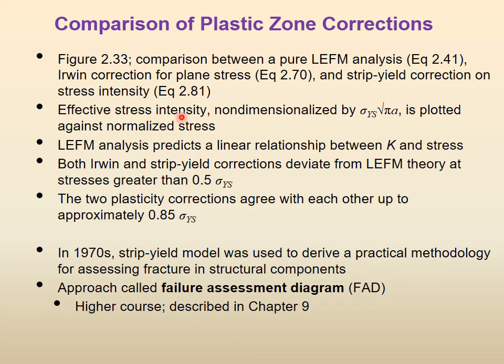The effective stress intensity, non-dimensionalized by sigma ys root pi a, is plotted against normalized stress. Let us try to understand. We want to find the stress intensity, of course the effective one after doing the plasticity correction. Now stress intensity has units of megapascal root meter.